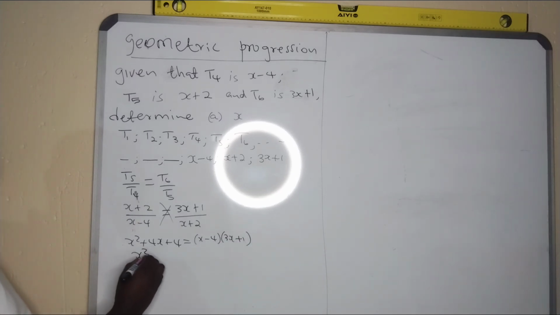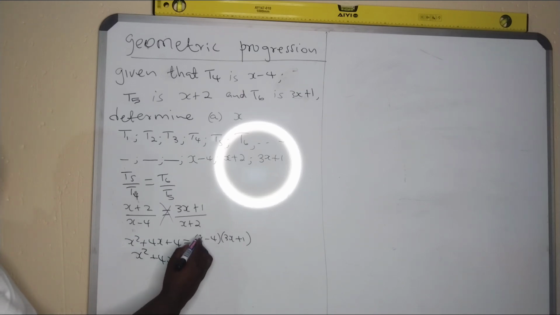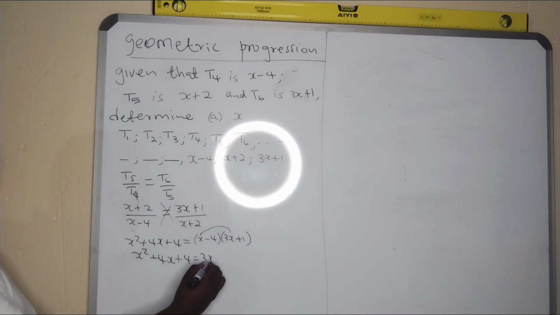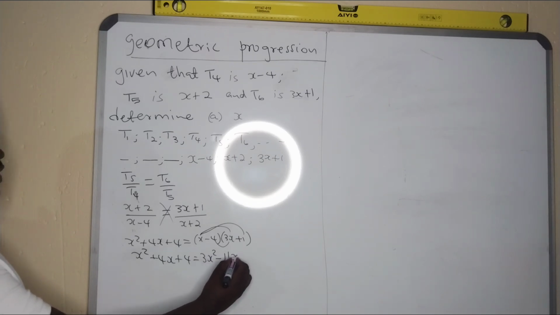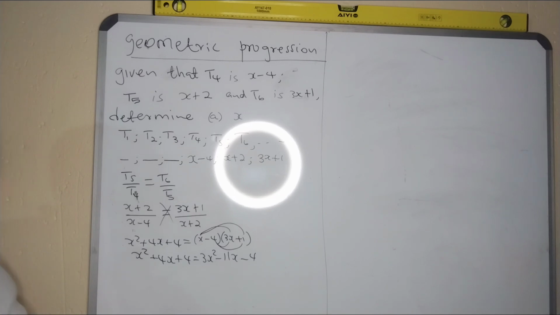So this side, I'm finding x squared plus 4x plus 4 equals, I multiply there, get 3x squared. I multiply there, I have x. I multiply here, then I have minus 12x plus x, that will be negative 11x, then minus 4 when I multiply the last one.